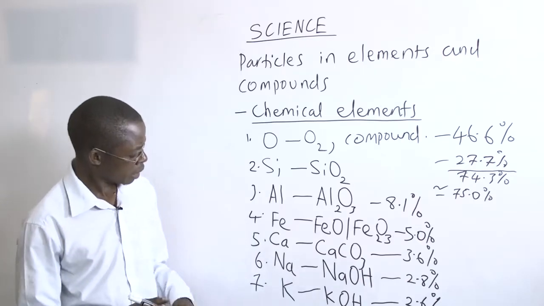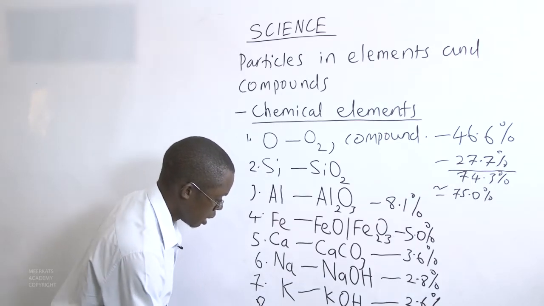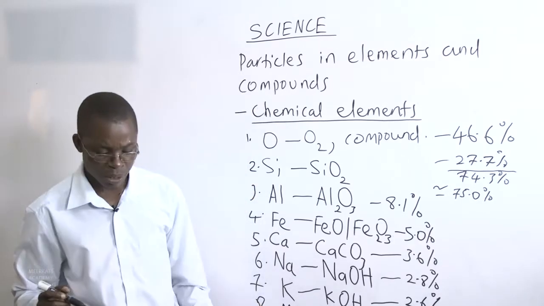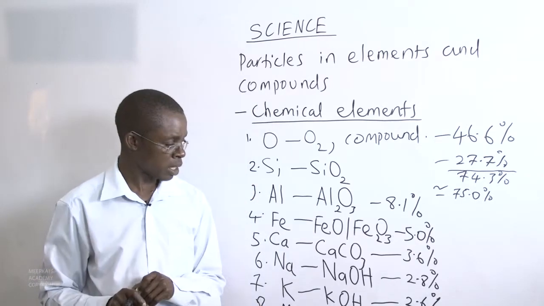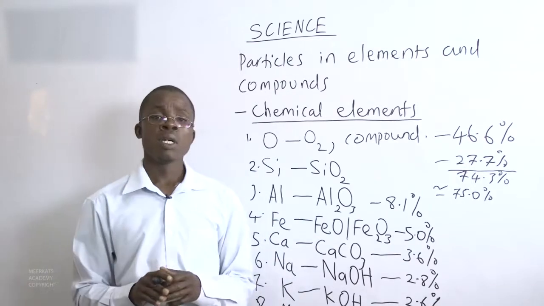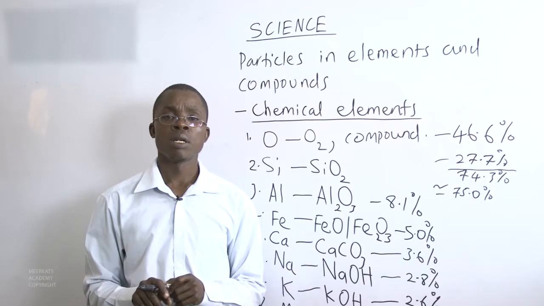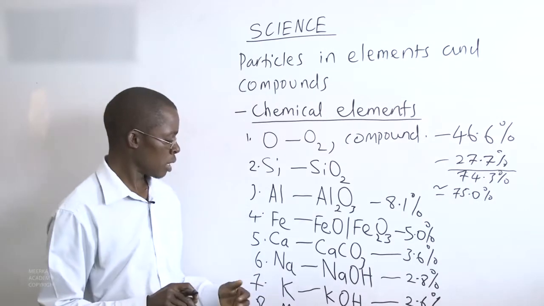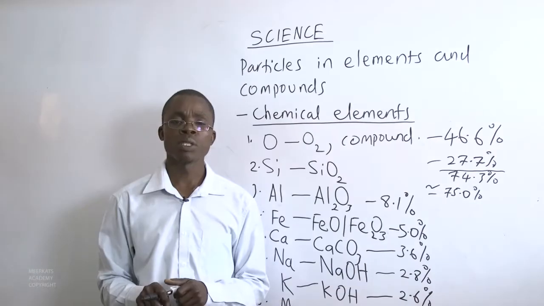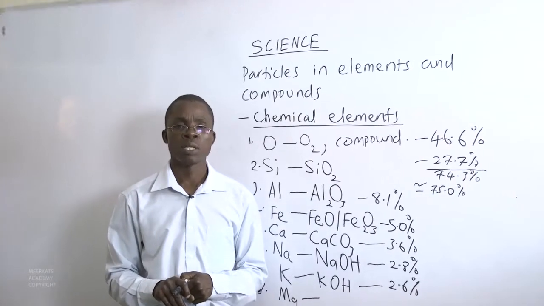Then the last one we can talk about is number 8, and that is magnesium. Magnesium is also a very important element in our lives. It is also found as a compound, and more so in plants.